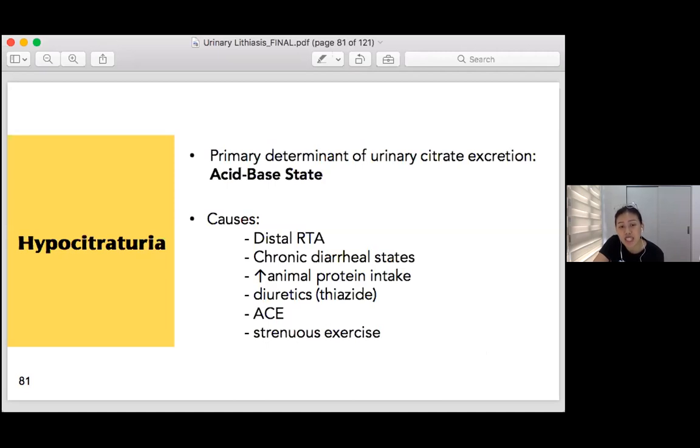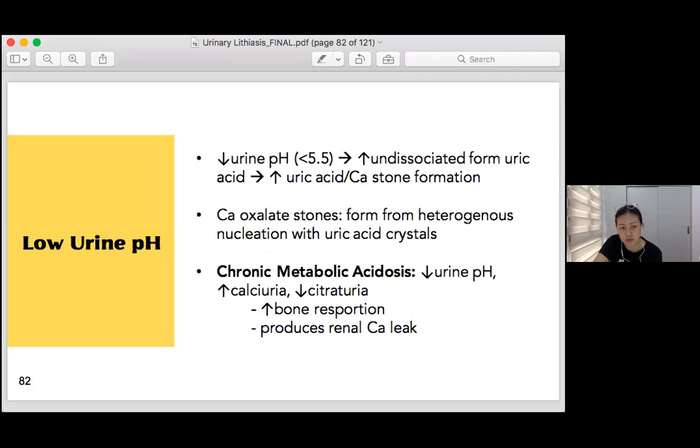Excessive animal protein intake can provide an acid load, thereby reducing citrate levels. Diuretics like thiazide would induce hypokalemia and intracellular acidosis. Angiotensin-converting enzyme inhibitors can cause hypocitraturia by systemic acidosis or hypokalemia, and strenuous exercise can induce lactic acidosis.